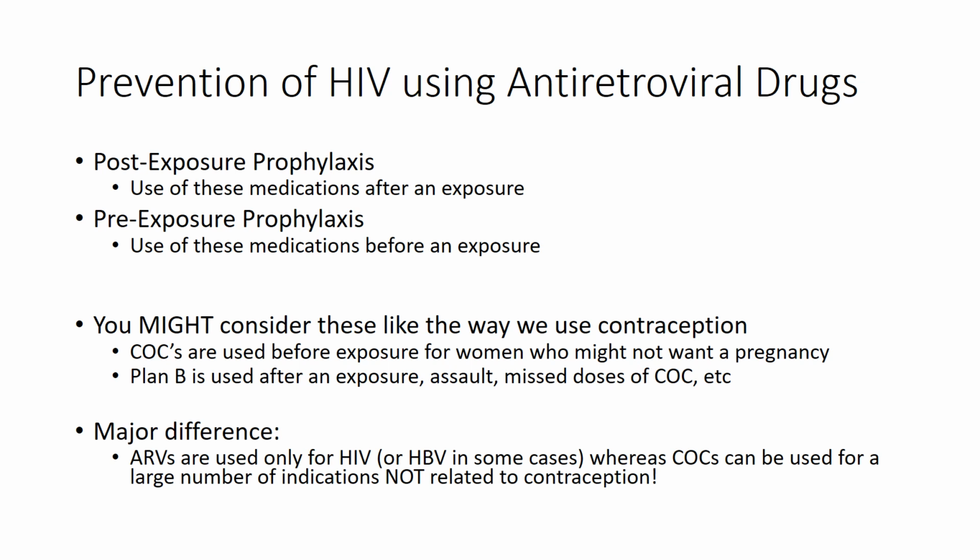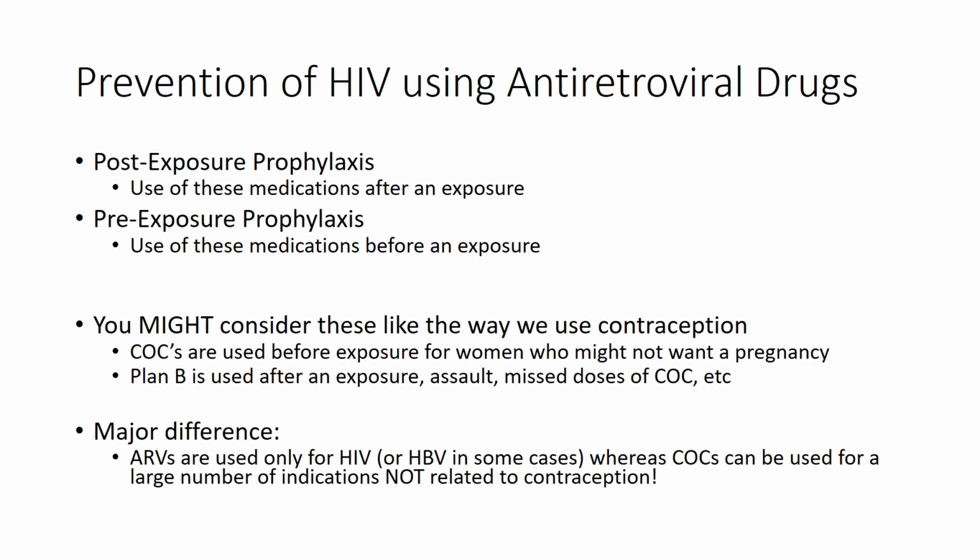So in a very poor simile, you might consider these as the way we use contraception, in that combination oral contraceptives are used before an exposure for women who don't want a pregnancy, but who are having sexual intercourse. They know there's the chance that they might become pregnant, so they're doing something to prevent the pregnancy beforehand.